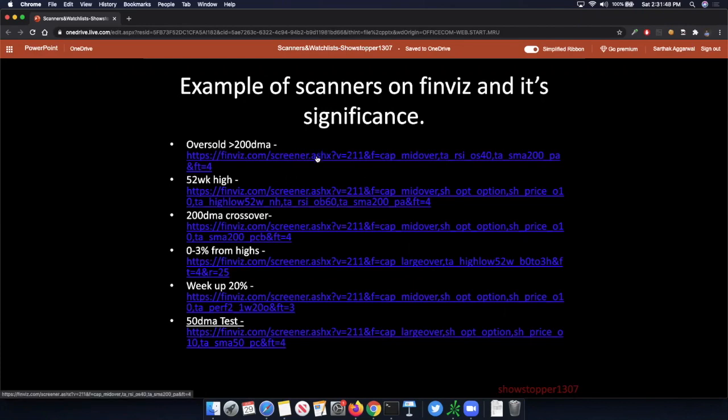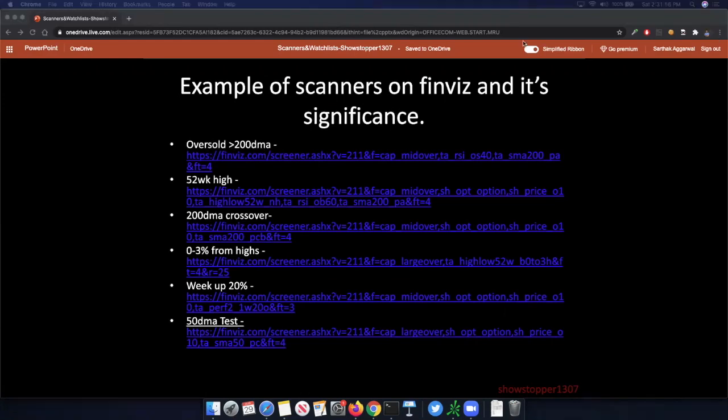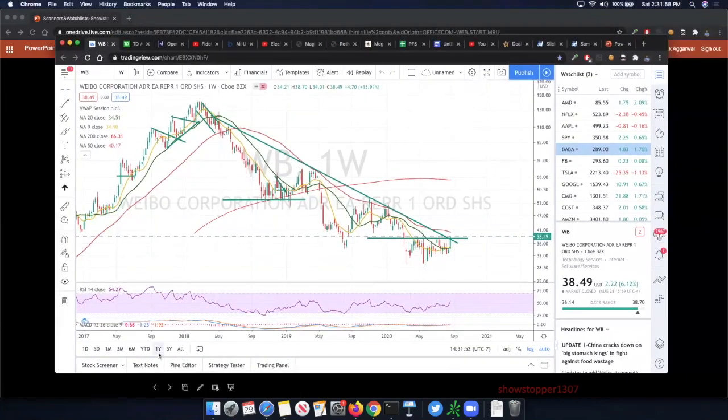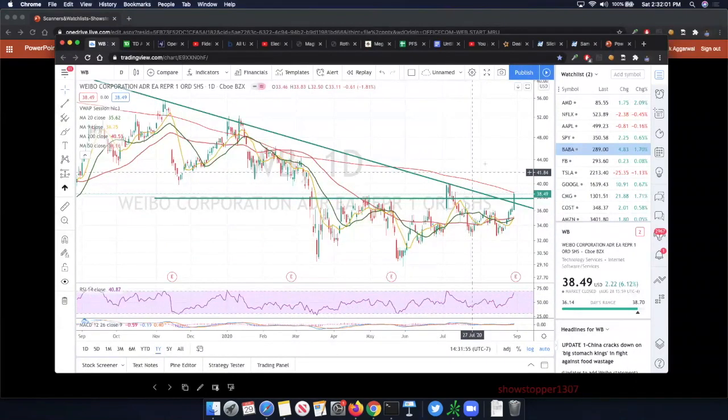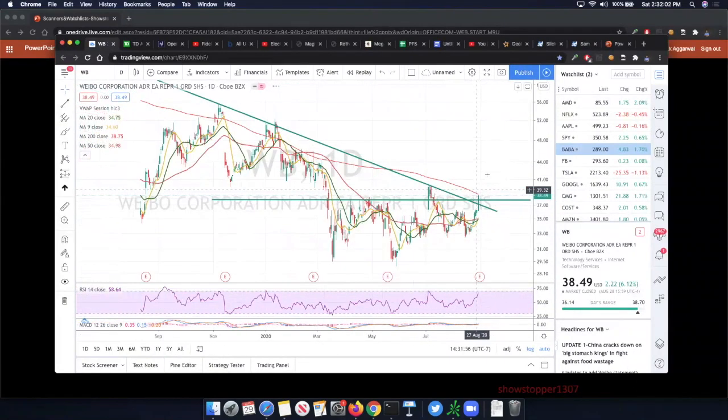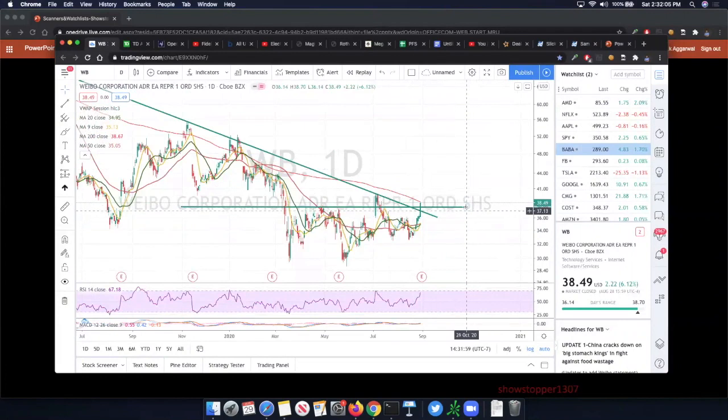So the first one is oversold and greater than 200-day moving average. What's the significance of this? Basically, everyone says that nothing good happens below the 200-day moving average. Everything has to be above the 200-day moving average for it to trend to the upside.